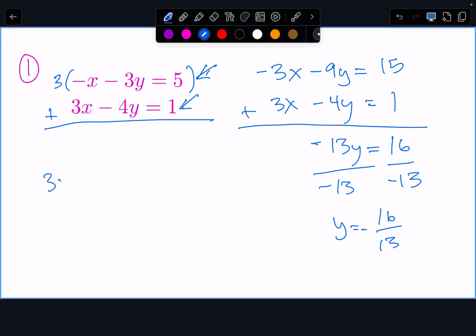So it's 3x minus 4 times negative 16 over 13.